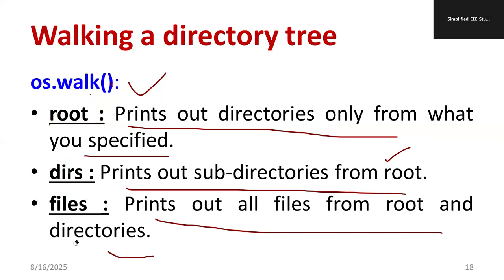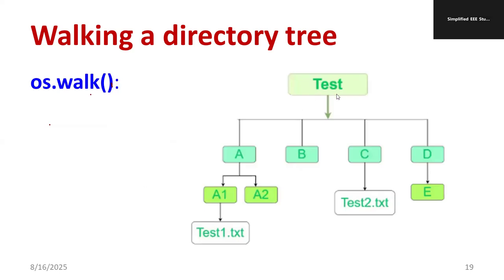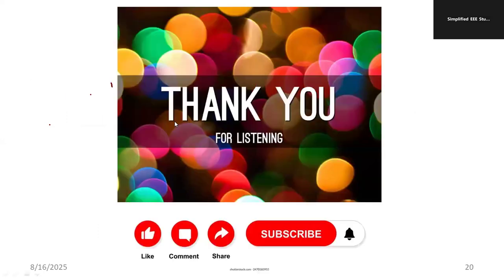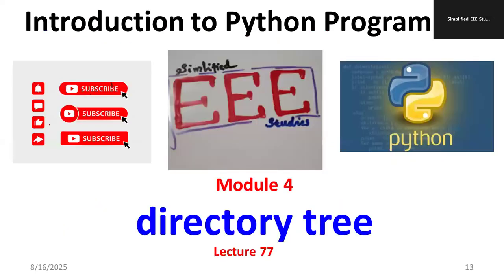I hope you understood the meaning of directory tree, a hierarchical arrangement of files and folders in a computer. Here you can see the importance of os.walk. The hierarchy can be checked either top to bottom or bottom to top. Both ways you can check. In this session, I discussed the meaning of os.walk.